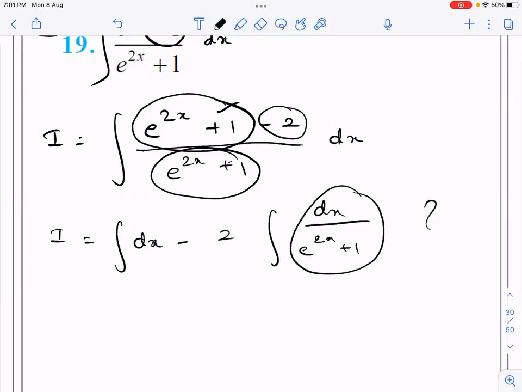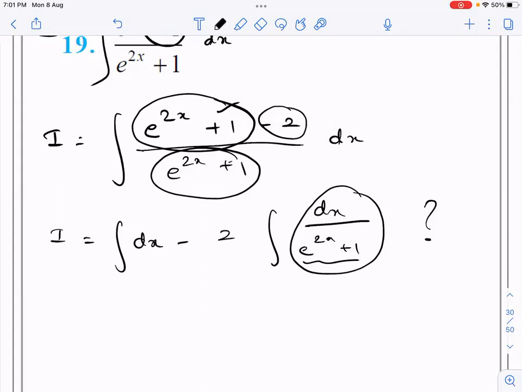What will you do with this? You can't do anything, because if I observe the denominator, I will always start thinking like this. If the numerator is a constant, the only option is to substitute the denominator as t.